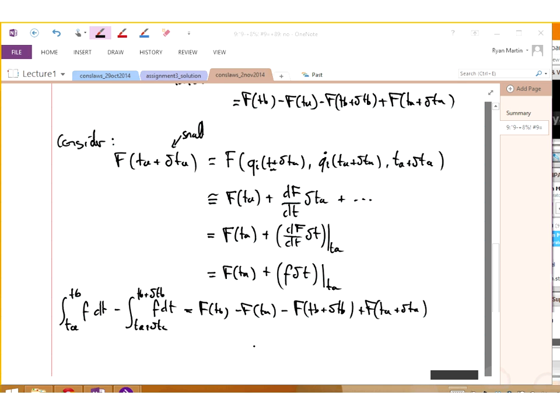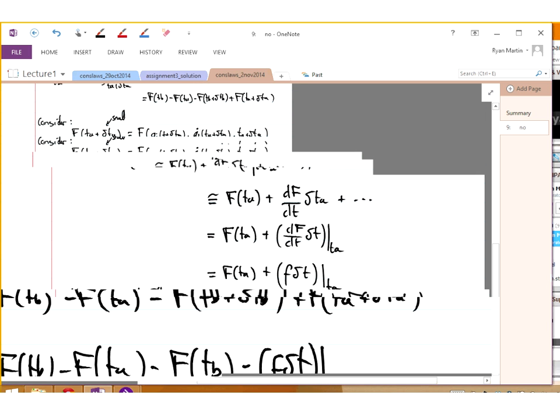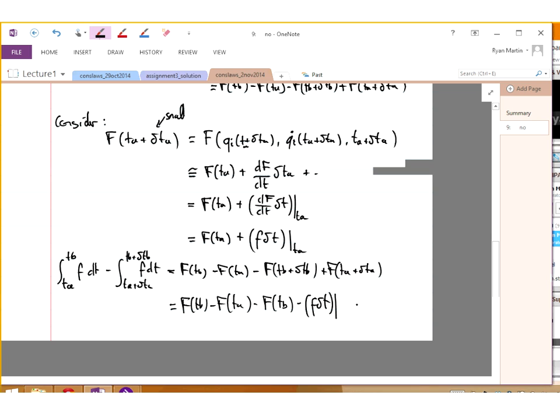And now I plug in what we just derived, so I have capital F at TB minus capital F at TA, minus capital F at TB plus, minus, I guess, little f delta t evaluated at TB, sorry, plus capital F evaluated at TA plus little f delta t evaluated at TA.